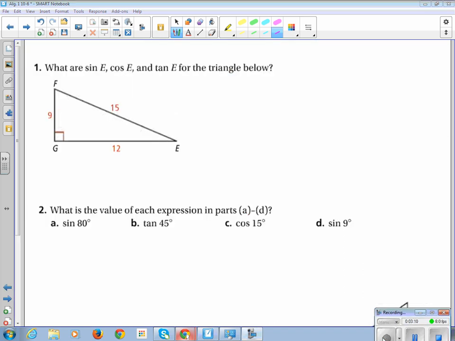All right, so let's use this sample triangle and find the sine, cosine, and tangent. Now, I will pass along the wisdom that I was given 25 years ago about sine, cosine, and tangent.